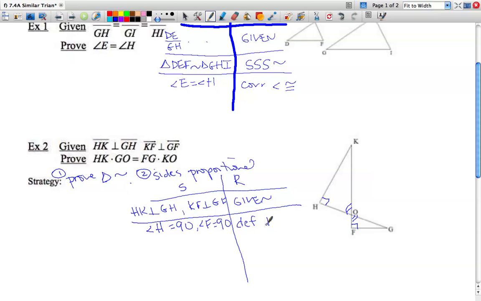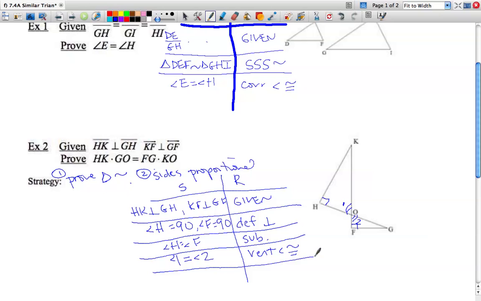We haven't done proofs for a while, so we don't need to combine steps right away, which means angle H equals angle F. By what reason? Substitution. And I might call this angle 1 and call this angle 2 just for convenience in the diagram. So angle 1 is congruent to angle 2 by vertical angles congruent.